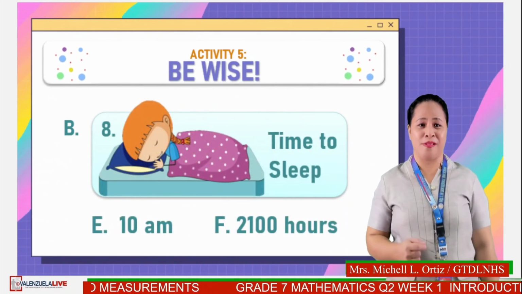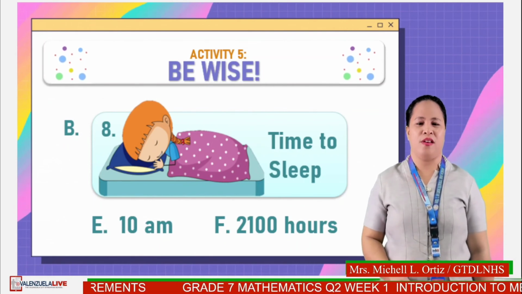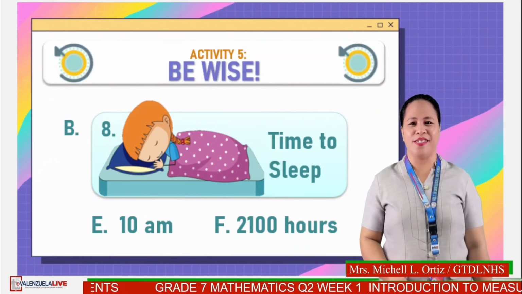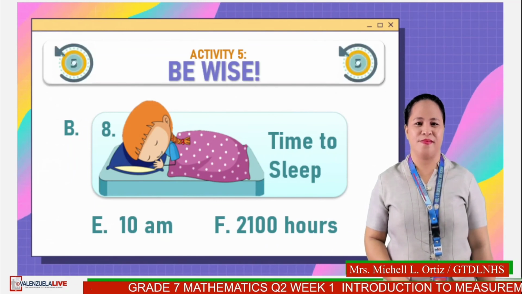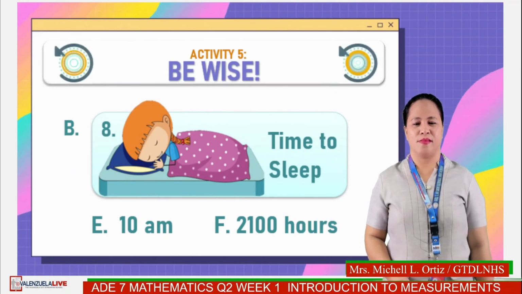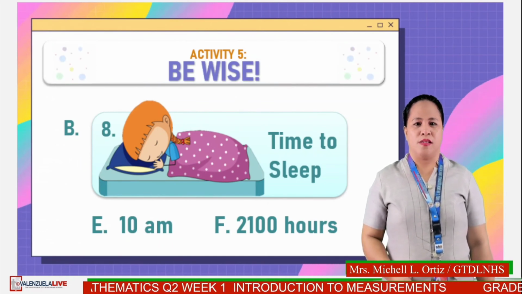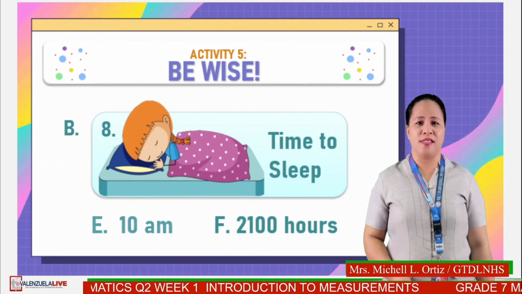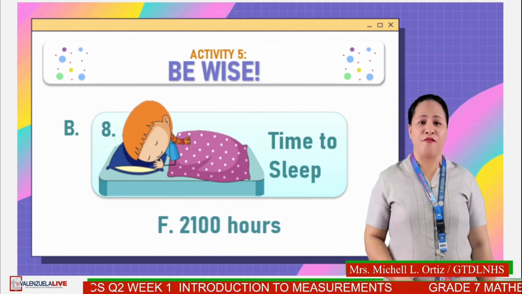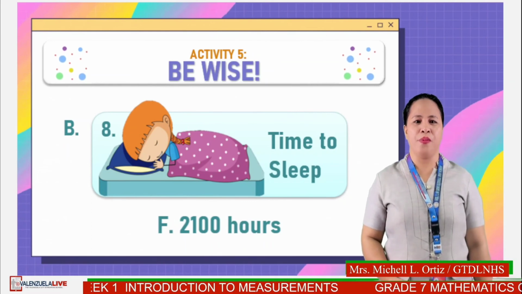Time to sleep. Is it letter E or letter F? 5 seconds. Go. The correct answer is F, 2100 hours.